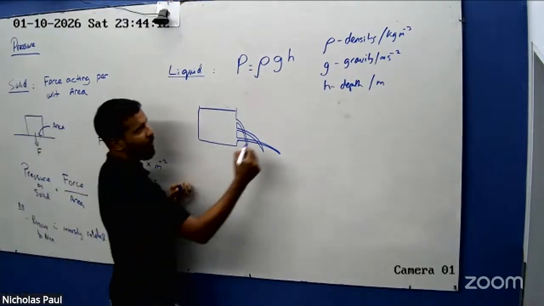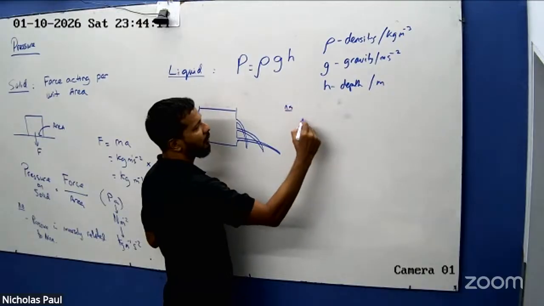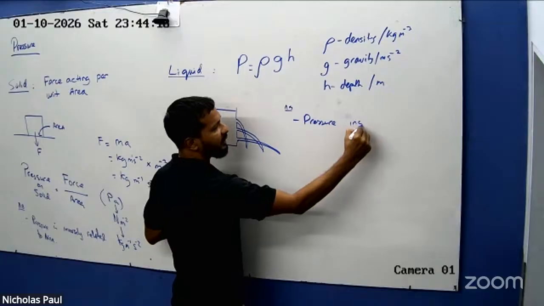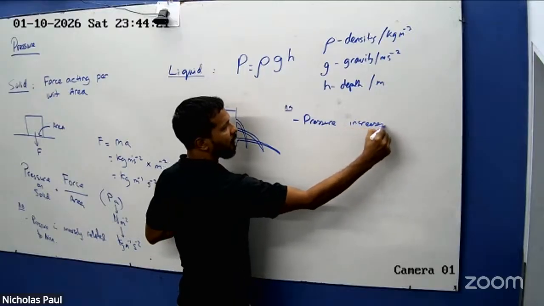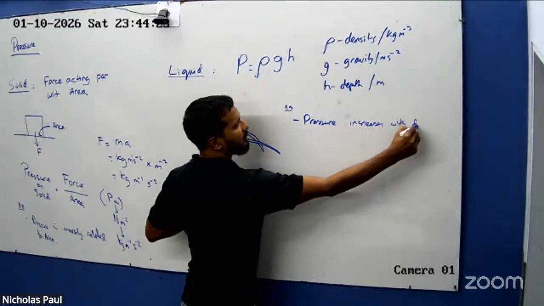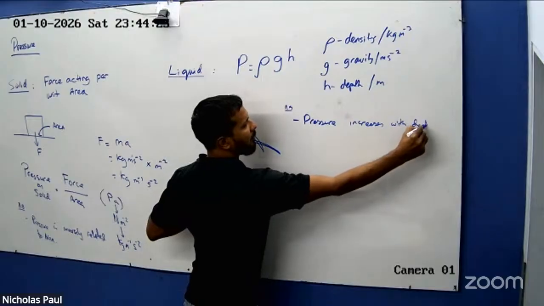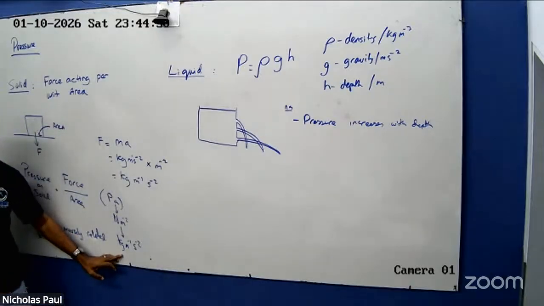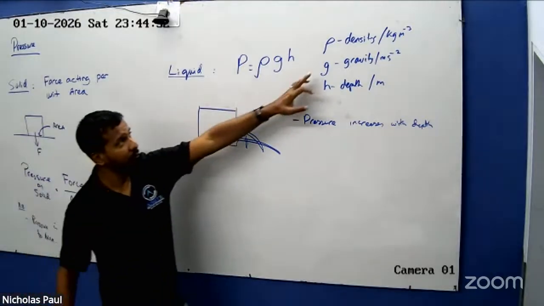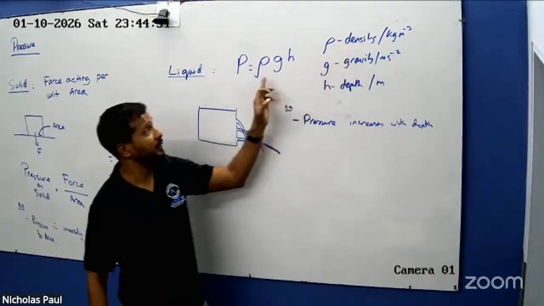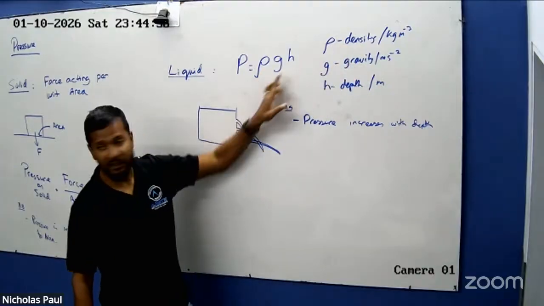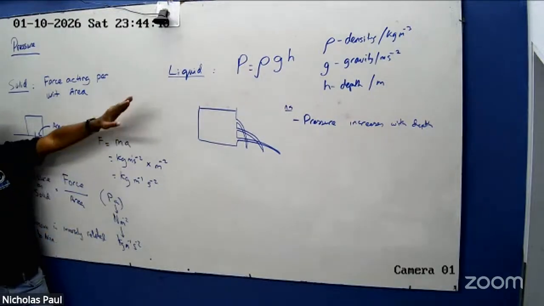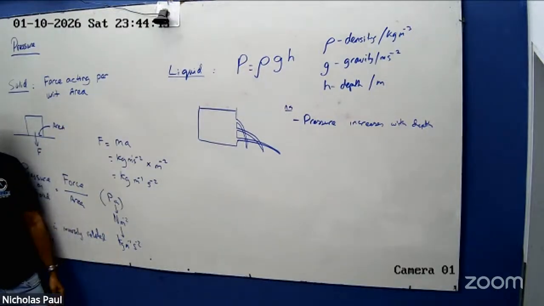So note here, pressure increases with depth. See how I showed you this version here? You could also get it here. If you multiply the unit for this by this, you'll also get the same thing here. So that's the next way to check and see if this is correct.